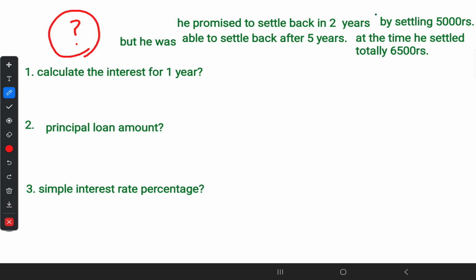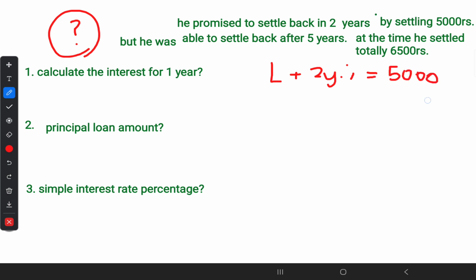But somehow he was able to settle back only after 5 years. He breached his promise. So after 5 years, he settled a total of 6,500 rupees. Now look at it. Initially he decided to settle within 2 years: the loan plus 2 years of interest together equals 5,000 rupees.